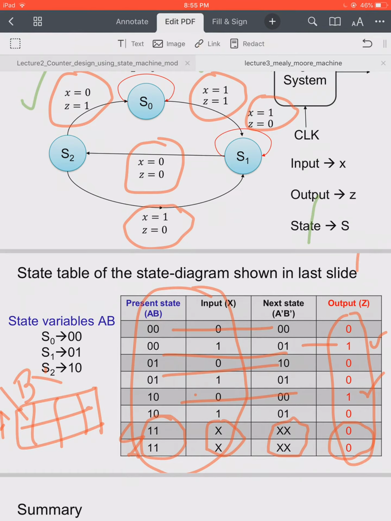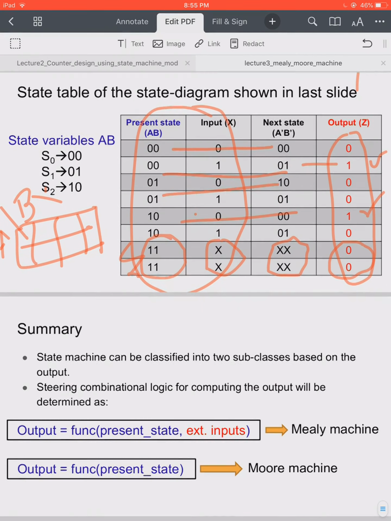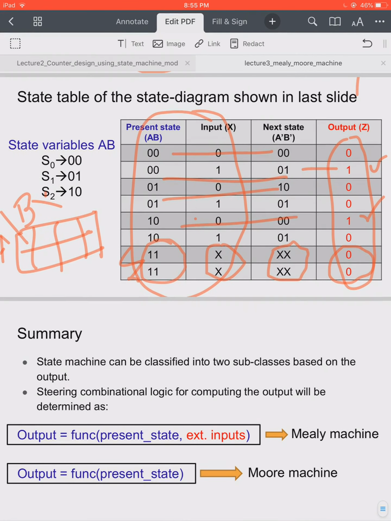Okay, so in summary we can say that state machines can be classified into two subclasses based on the output criteria. Basically the combinational logic is used to determine the external output, and it also steers the circuit from one state to another.